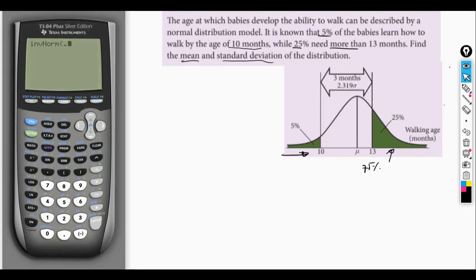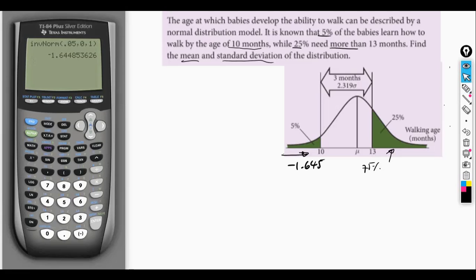So this would be 0.05, and the mean is going to be 0, and the standard deviation is going to be 1. So there we get the z-score for 5%. So we're going to write it over here. Notice that it's minus 1.64, let's round it to 5.